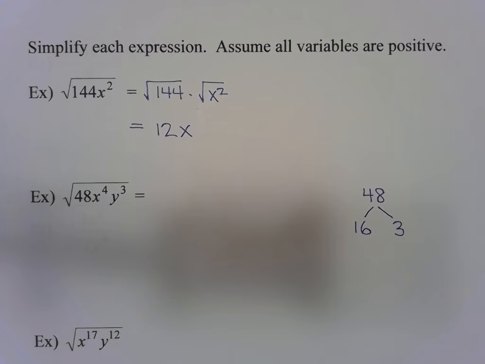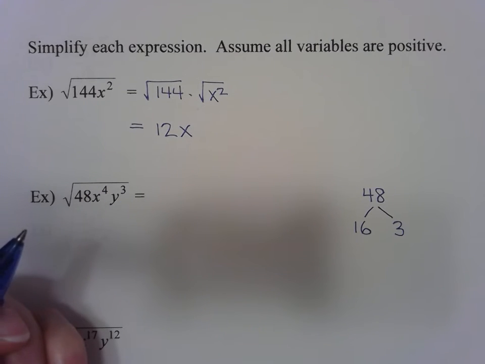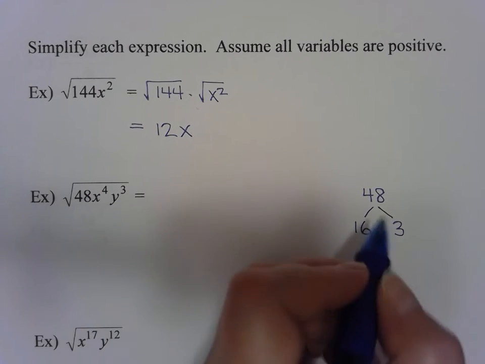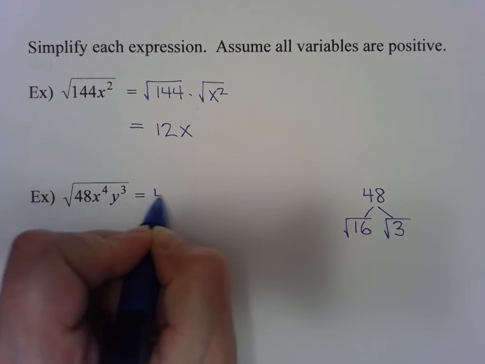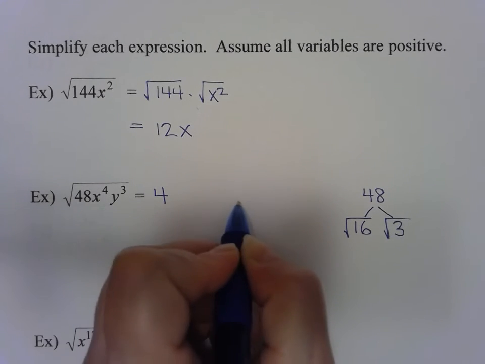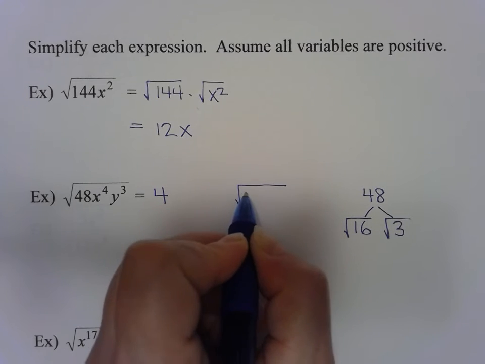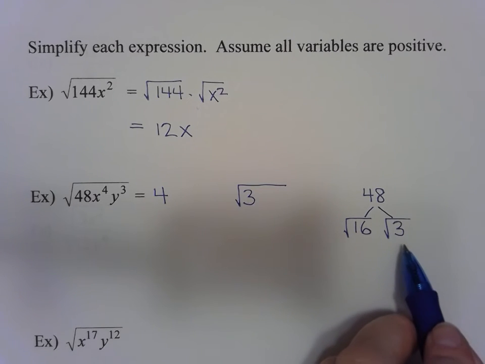That's going to be the biggest perfect square. Like we've said in the past, you could break it into smaller parts. You could break it all the way down. Okay, so if I take the square root of 16, a 4 is going to come to the outside. And I still have a 3 inside the square root.